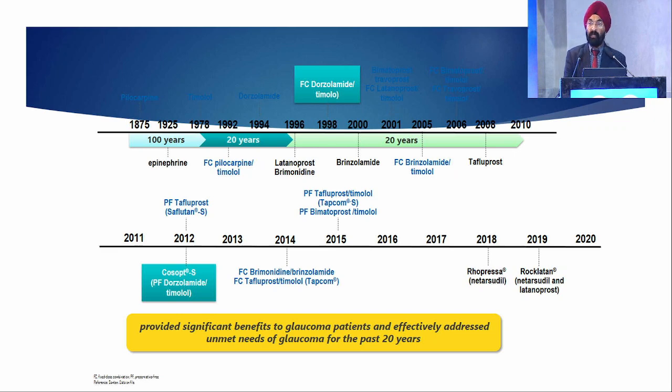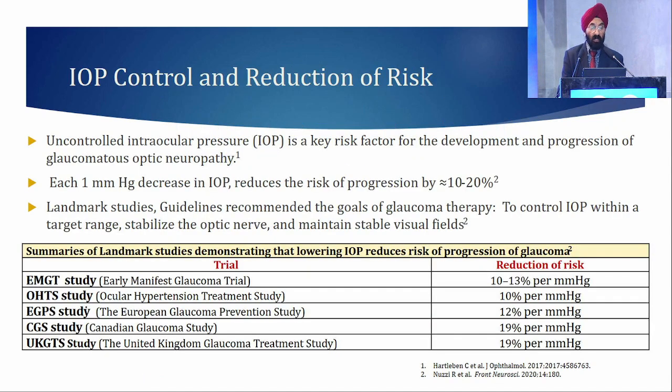Now we have non-beta blocker combinations like brinzolamide with brimonidine. So there are both prostaglandin combinations, combinations with beta blocker and non-beta blocker combinations. Uncontrolled intraocular pressure is a risk factor for the development and progression of glaucomatous optic neuropathy.